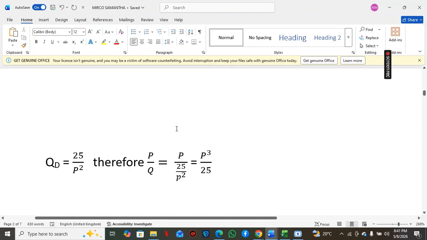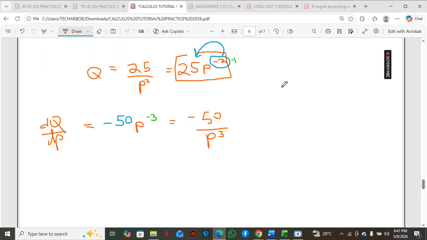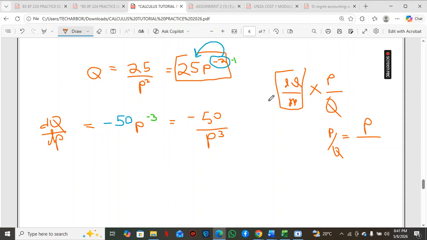Okay. Then remember the point elasticity of demand, we said it's dQ over dP multiplied by P over Q. So we've already got dQ over dP. P over Q, P is just the price, and Q is 25 over P squared, according to this question.